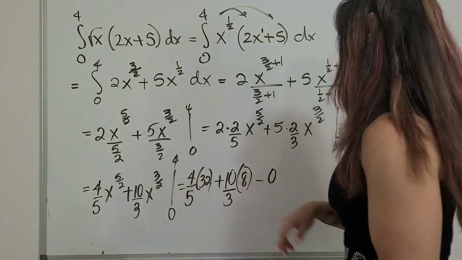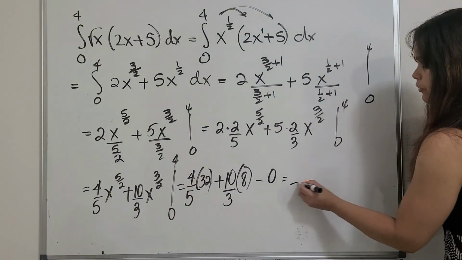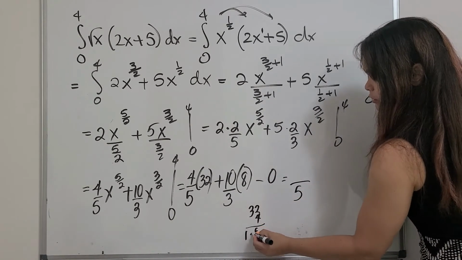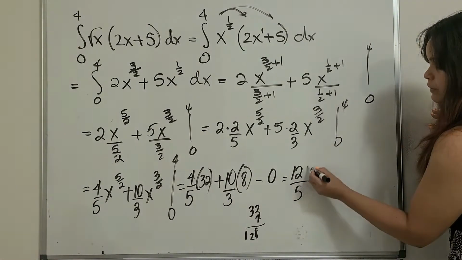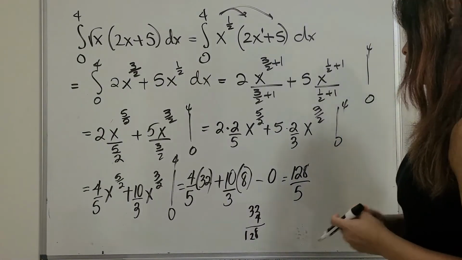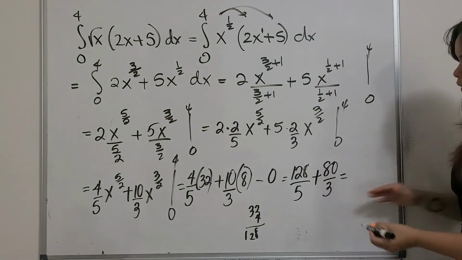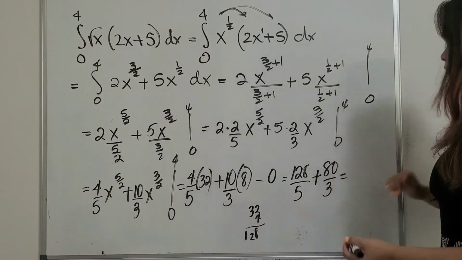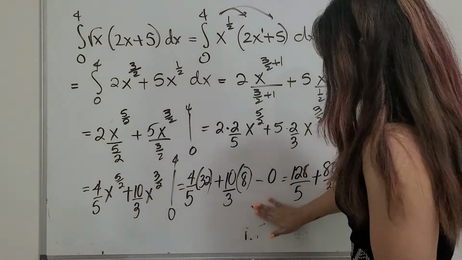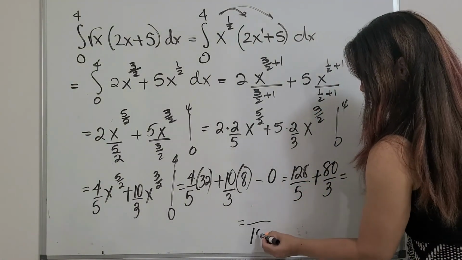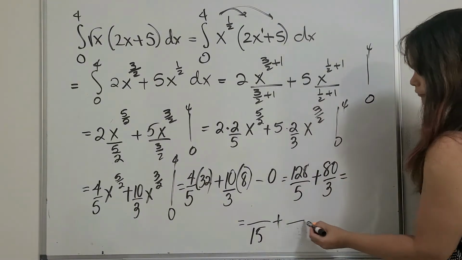So we have 4 times 32 over 5. Okay, so I'm going to do the product here so you can know where I got it from. So this is going to be 128 over 5 plus 8 over 3. And I need a common denominator, which is going to be 15. Okay, so I'm going to multiply here by 3. And then I'm going to multiply here by 5.